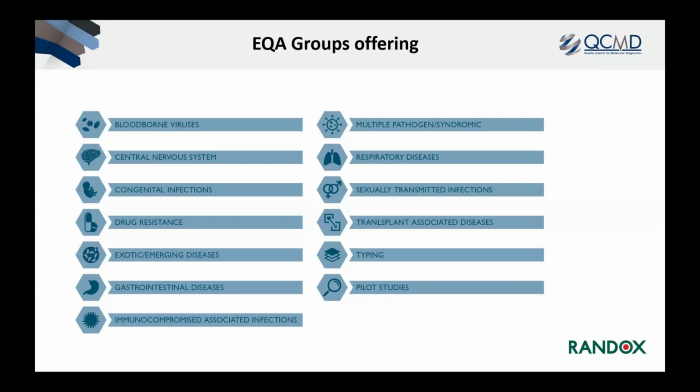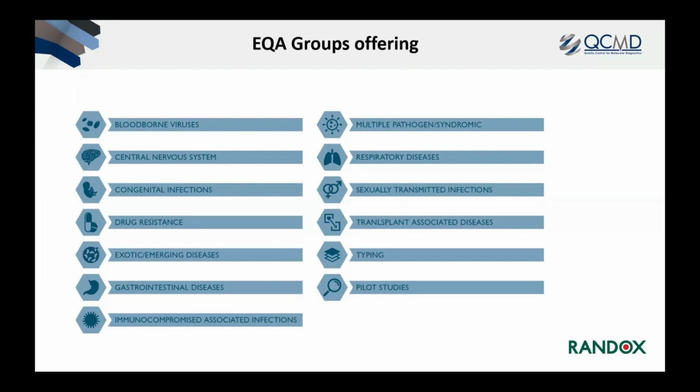Then we also have the multiple pathogen or syndromic tests, ideal for people who are carrying out all the various different multiplexing that's going on at the moment. Then we've got our respiratory diseases, things like influenza A, B, RSV. Then we have our sexually transmitted infections, things like Chlamydia trachomatis, Neisseria gonorrhoeae.